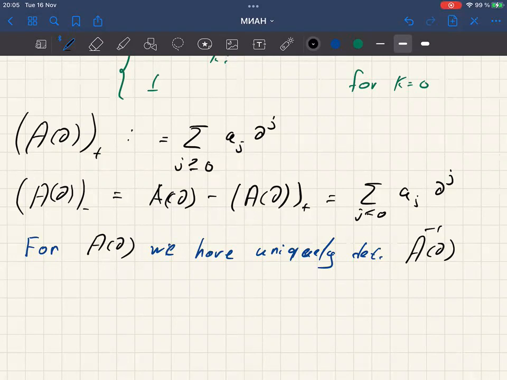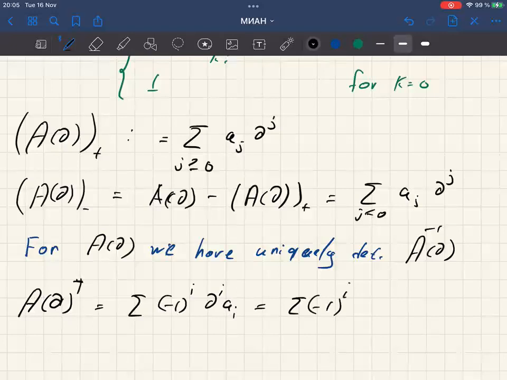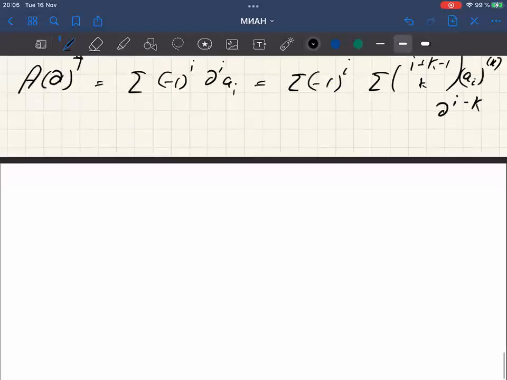And we have also A dagger, which equals the sum of minus 1 to the power i times the derivative terms. Okay.